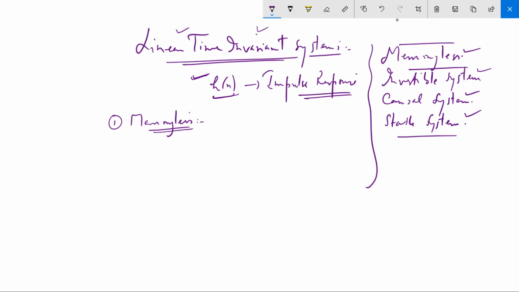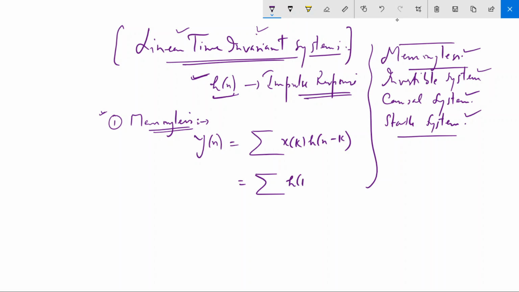Okay. Memoryless system, we have defined as a system in which the output of the system at any time depends upon the input at that time only. Now if the system is already linear and time invariant, it means its output can be expressed as the convolution, that is x[k] h[n-k], or since it is a commutative property, I can write it as h[k] x[n-k], summation over k.